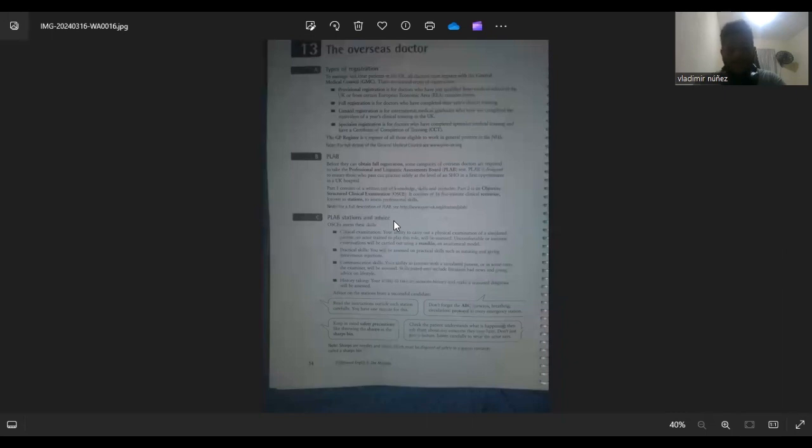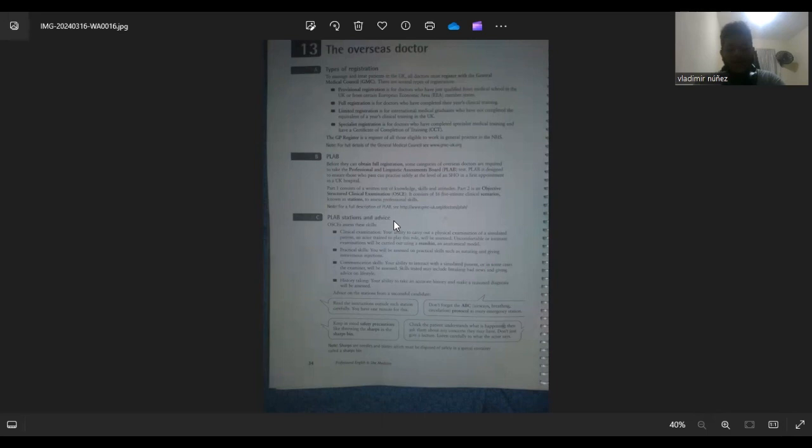Provisional registration is for doctors who have just qualified from medical school in the UK or from certain European Economic Area member states. Full registration is for doctors who have completed their year of clinical training.